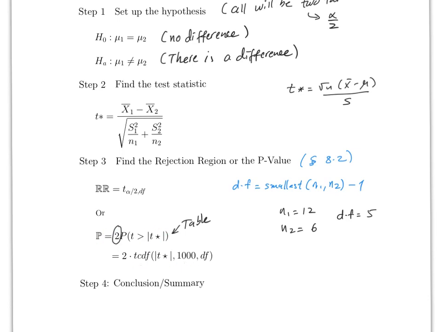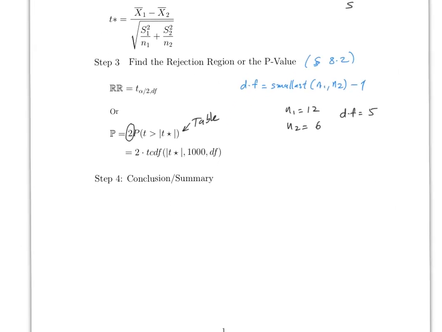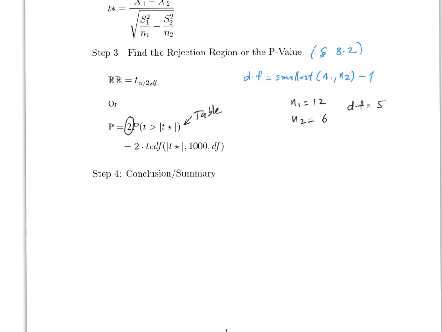And then the conclusion and summary is very similar to what we did before, except that now we have two samples. So there are only two choices. You either reject H0. If you reject H0, that means that there is a difference between the means, between mu1 and mu2, or that there is evidence that there is a difference.